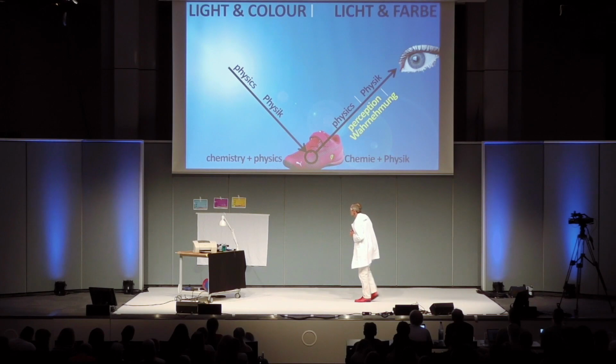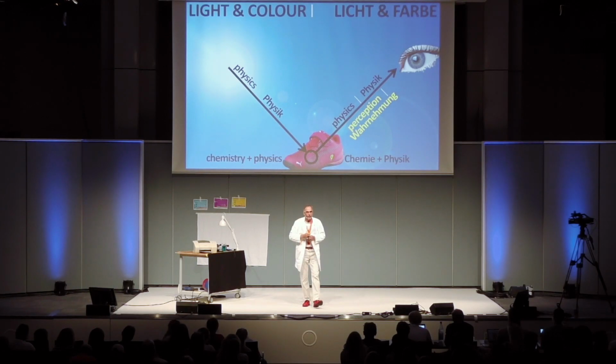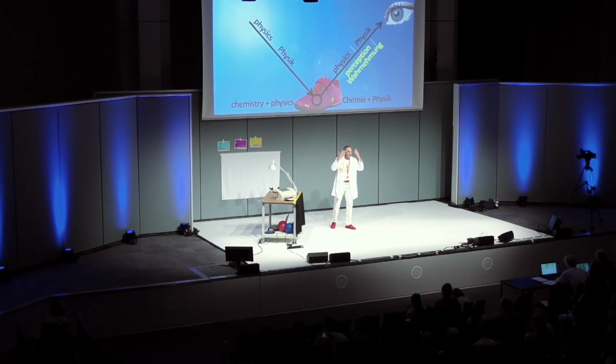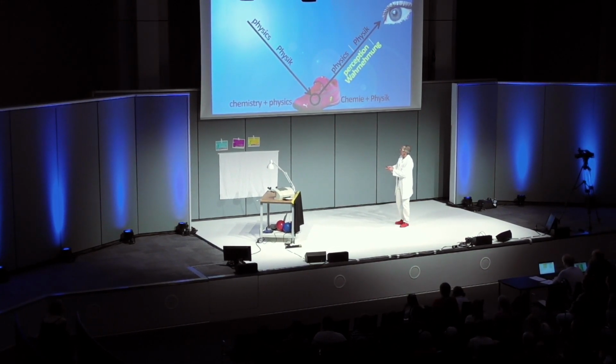And the molecules will interact with the light of the sun. And then you will have the third actor, your eyes. And your eyes are very important because they perceive the interaction between the light and the object. So let's try to see how we can explain that.